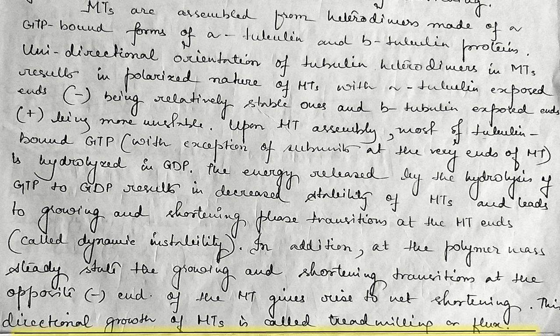The energy released by the hydrolysis of GTP to GDP results in decreased stability of MTs and leads to growing and shortening phase transition at the MT ends called dynamic instability. In addition, at the polymer mass steady state, the growing and shortening transitions at the opposite ends of MT give rise to net shortening. This directional growth of MTs is called treadmilling or flux.